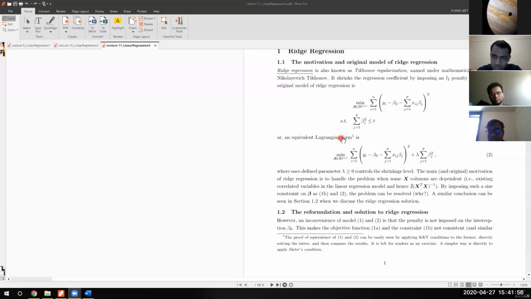Get the point here? So in this case, for the true remaining X, which is column 2 and column 3, this part is going to be invertible. Clear?